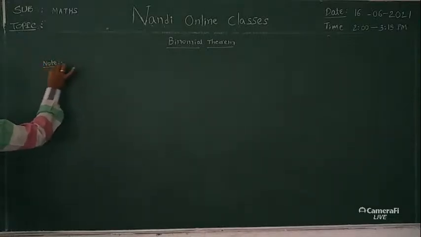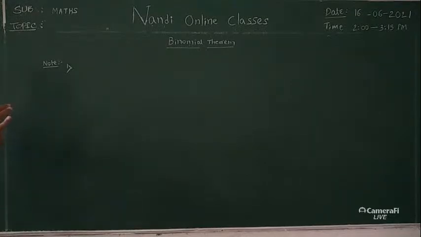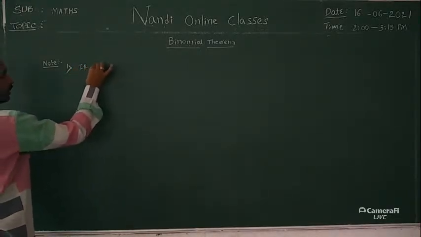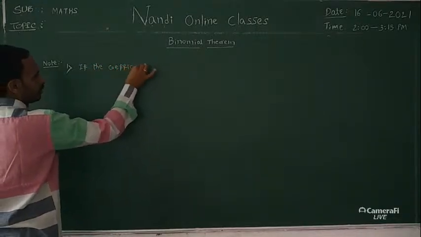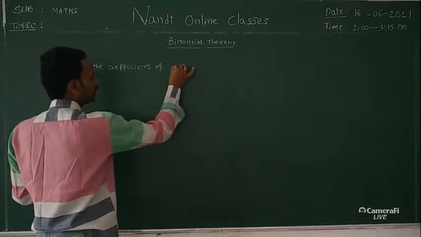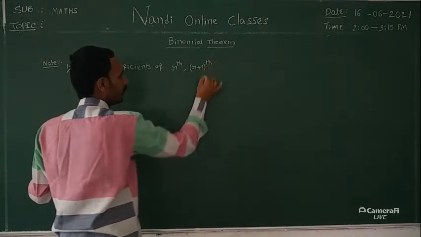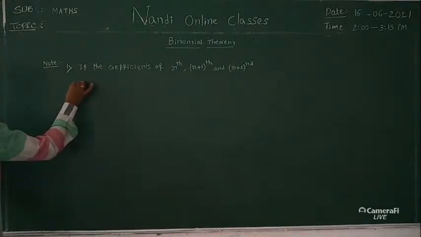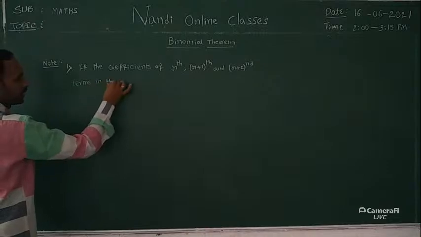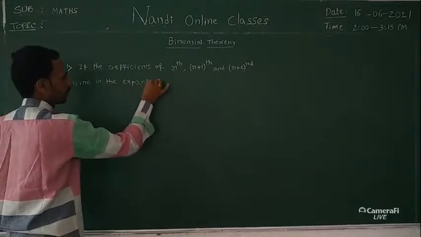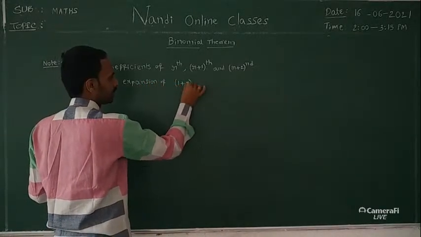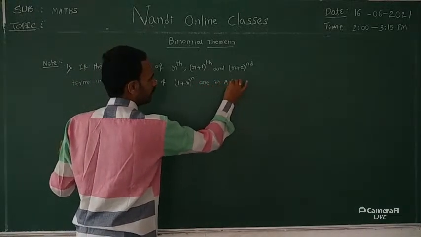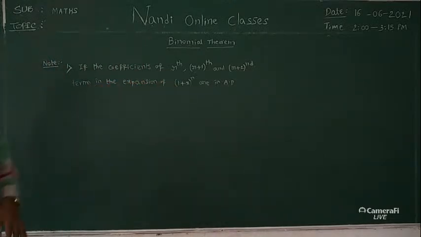Otherwise, note the points. Number 1: if the coefficients of the rth, (r plus 1)th and (r plus 2)th terms in the expansion of (1 plus x) whole power n are in AP, suppose these coefficients are in arithmetic progression.